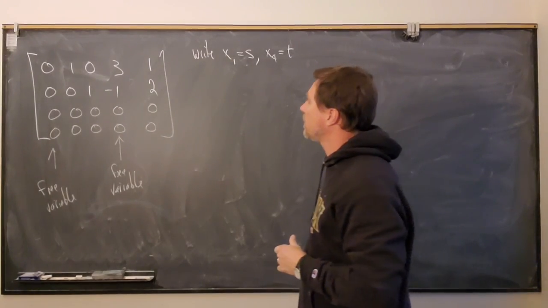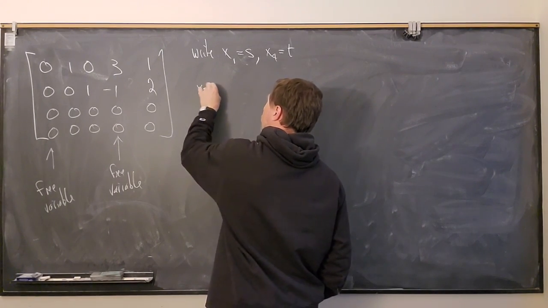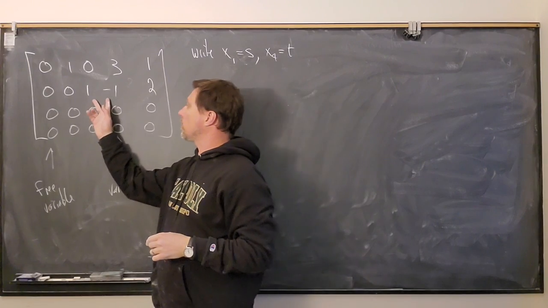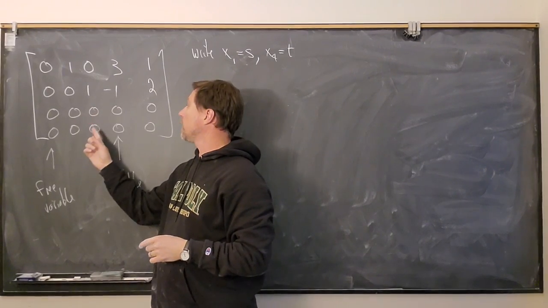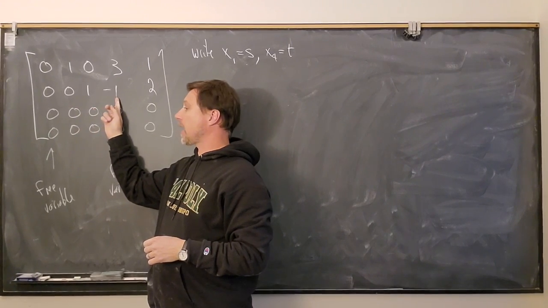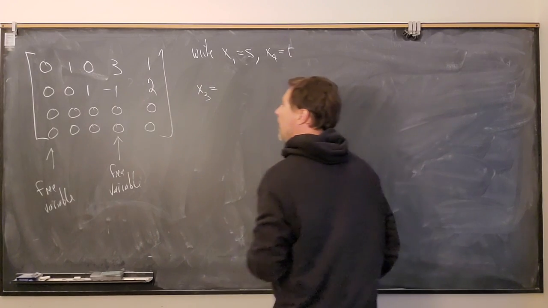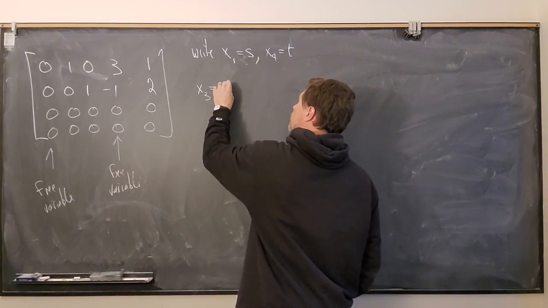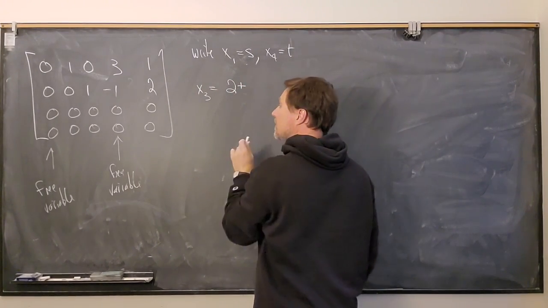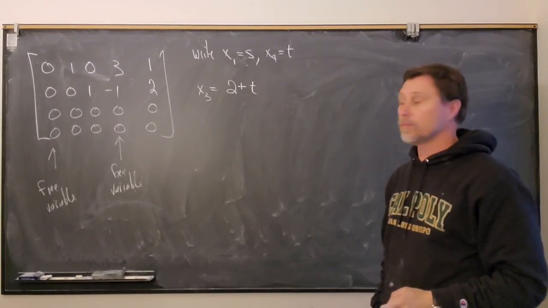So let's see, x3, looking at this row right here, it tells us that 1 times x3 minus x4 is equal to 2. So I can say x3 is equal to 2 plus x4, which we wrote as t. So x3 equals 2 plus t.